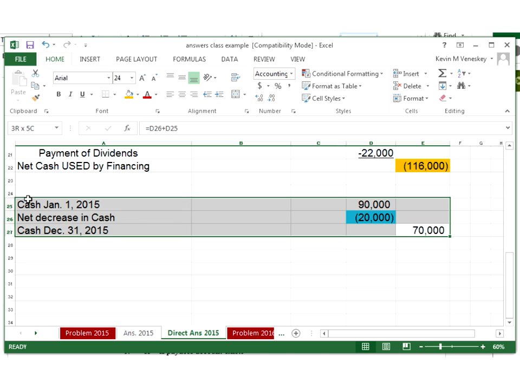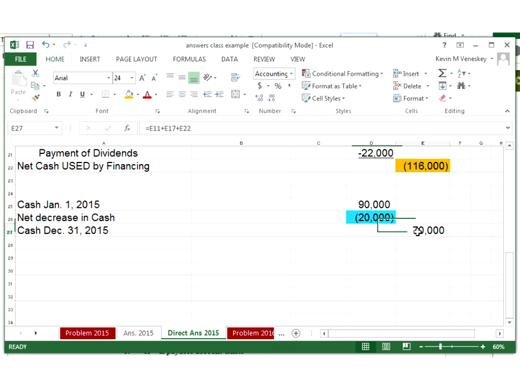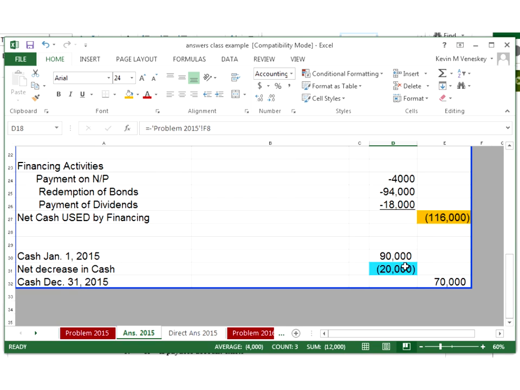Financing the same, and then finally my cash, when I group everything together, add up my totals, I had the beginning, the change, and the ending, so 90, 20, and 70, and you'll see that that was the same for the indirect method. So the only difference happened to be the operating activities.